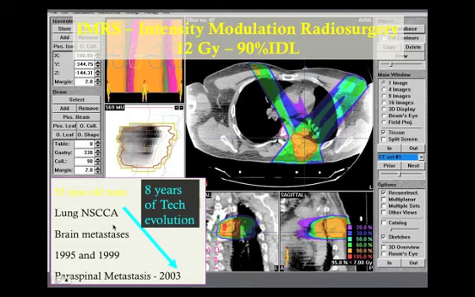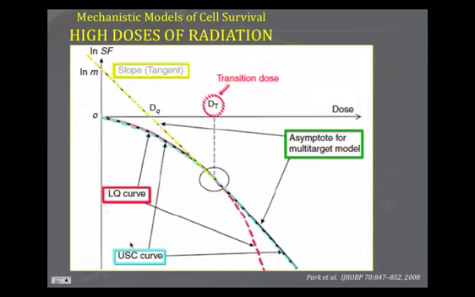Had he not been treated before and survived this phase of his disease, he wouldn't have benefited at the time. So I mentioned to you the linear quadratic and the single-hit multi-target models. And I asked you to pay attention that it was modeling only cell survival in in vitro cell cultures.